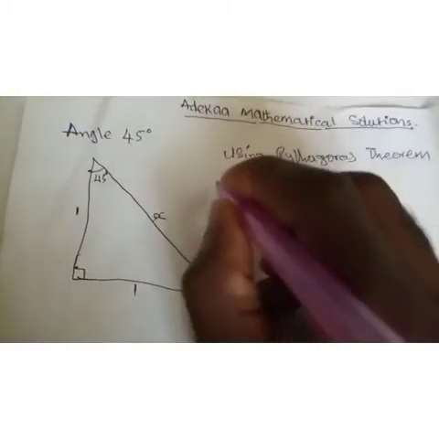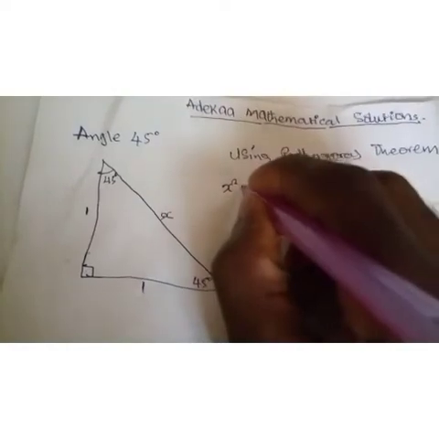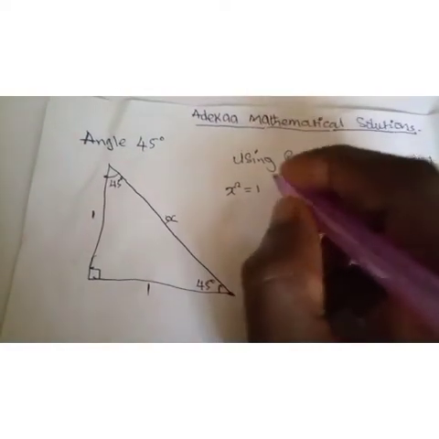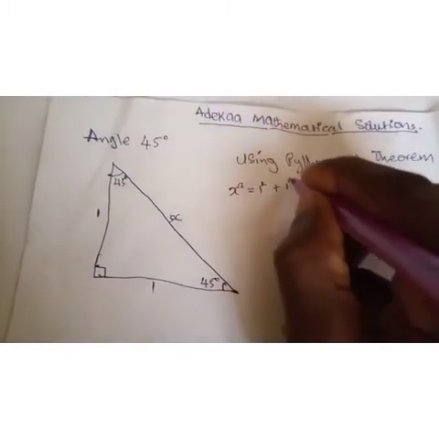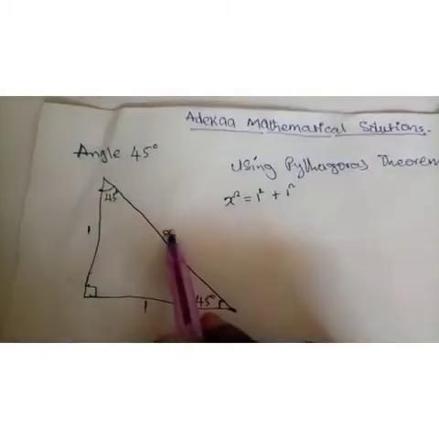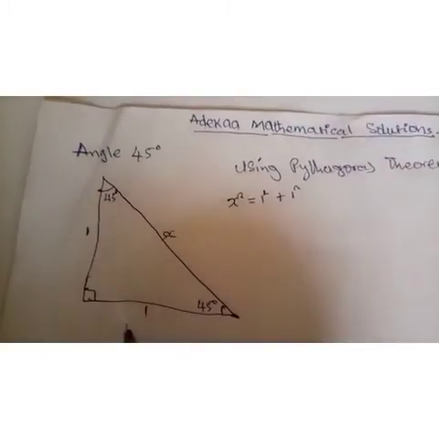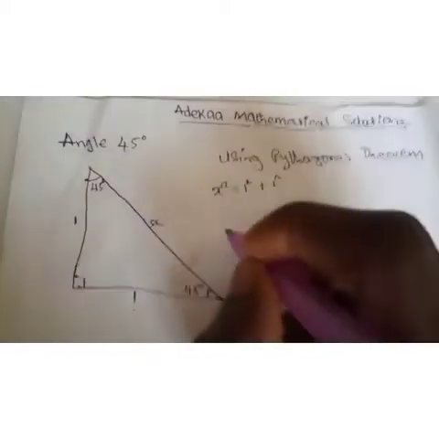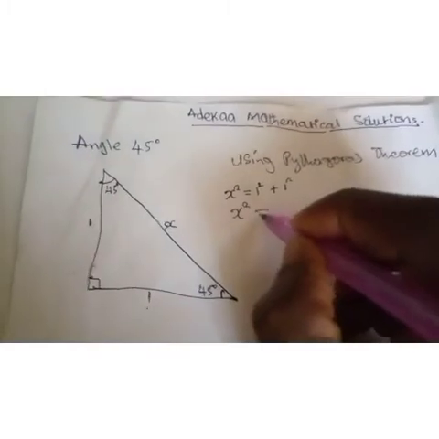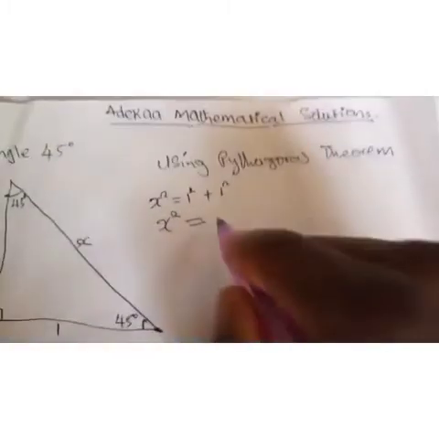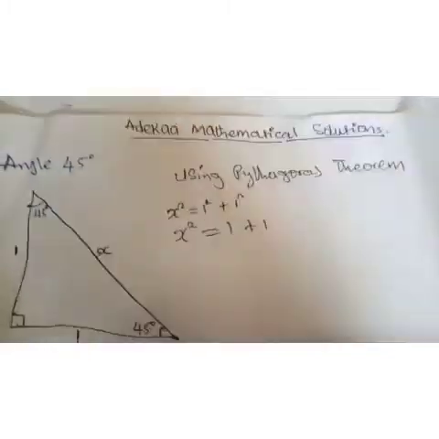So here, our x square will be equal to 1 square plus 1 square. 1 square is the same thing as 1, so it will be 1 plus 1.